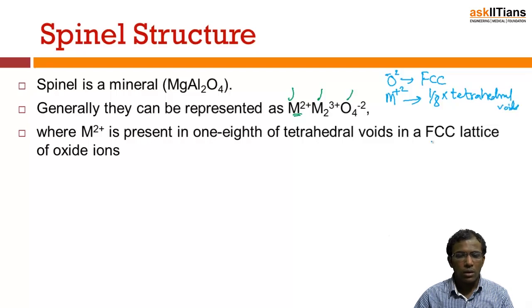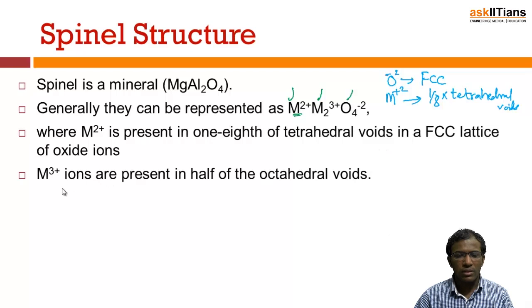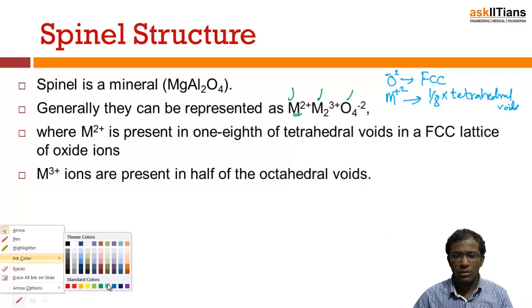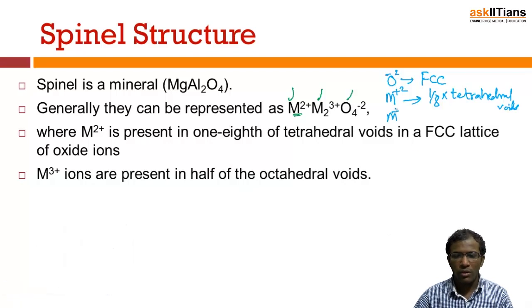And the M+3 ions, that is the trivalent ions, are present in half of the octahedral voids.